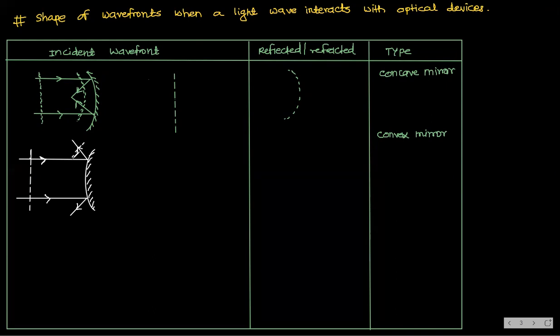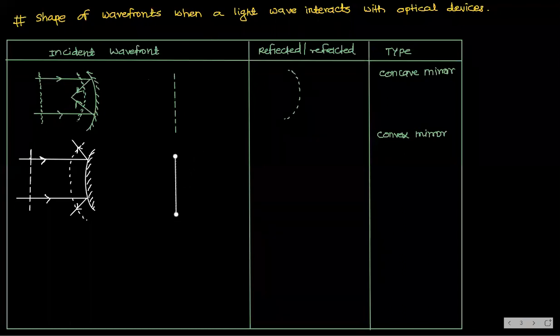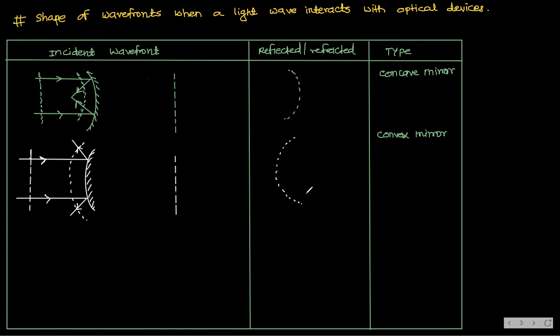You see here like this, reverse of the concave, right? So again here, this is the incident wavefront. Understanding or not? Please tell me. Very, very easy this is. And how will it be reflected? Reflected will be something like this. You can see, right? Like this for convex mirror.